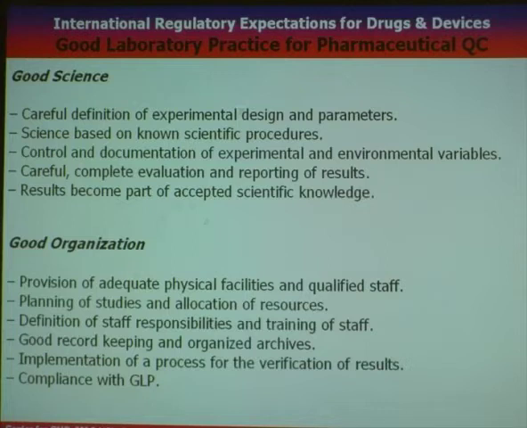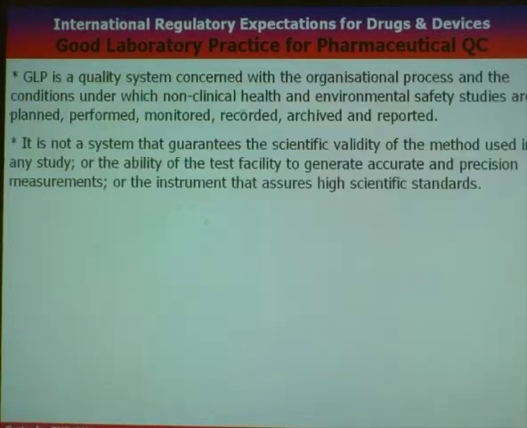Results become part of accepted scientific knowledge. In the organization part, provision of adequate physical facilities and qualified staff, planning of studies and allocation of resources, definition of staff responsibilities and training of staff, good record keeping and organized archives, implementation of a process for the verification of results and compliance with GLP.